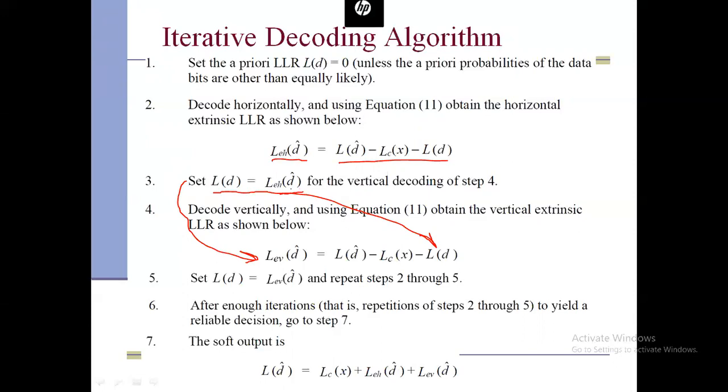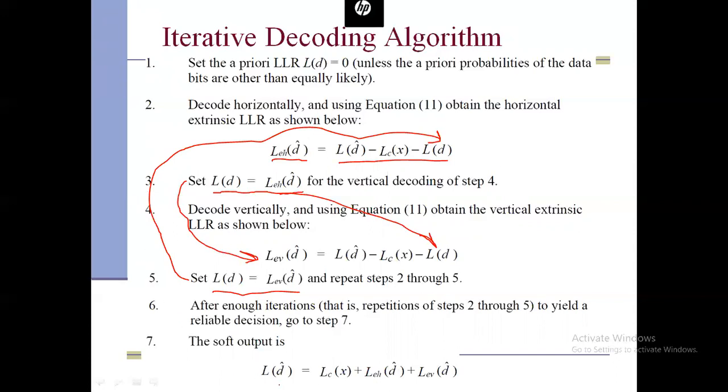Next, the vertical iteration is taken as L of D, and we use from it here and repeat the steps 2 to 5.